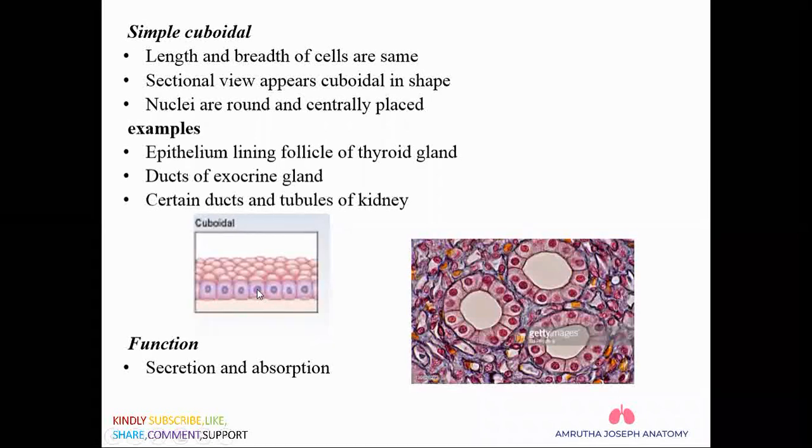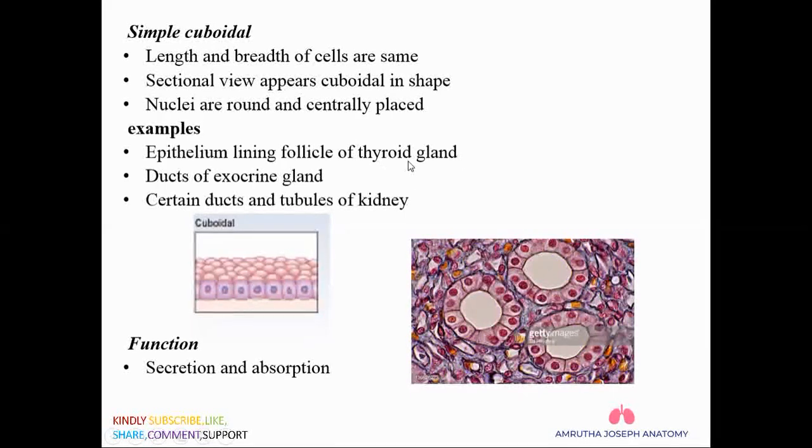Now examples where it is seen. It is seen lining the follicle of the thyroid gland. We have a gland in the neck region called the thyroid gland. The inner aspect of the follicle of the thyroid gland is lined by the cuboidal cells, and it also lines ducts of exocrine glands.